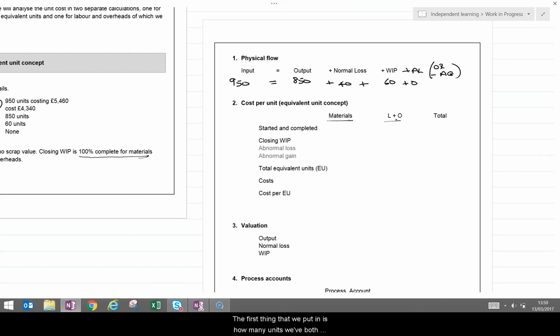The first thing that we put in is how many units we've both started and completed in the period. Well, we know from our physical flow that we have 850 units of output, so they're complete. So they were started and they were finished. So they're complete in terms of the material that was being used, and they're complete in terms of the labour and overheads.